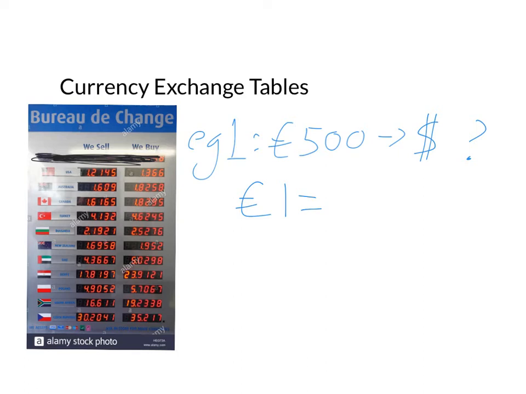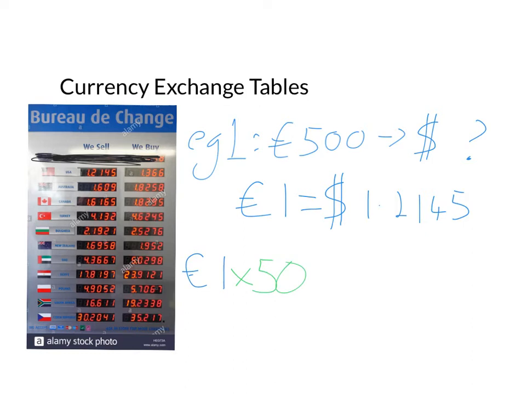So the exchange rate we can use is €1 is equal to $1.2145. Now, like the calculations we've already looked at, we want to get our €1 and change it into €500. So the way we're going to do that is make it bigger by multiplying. Remember, you can multiply or divide. So we're going to multiply our €1 by 500.